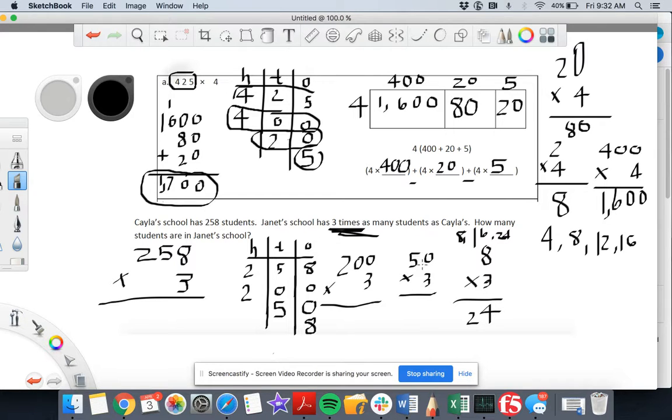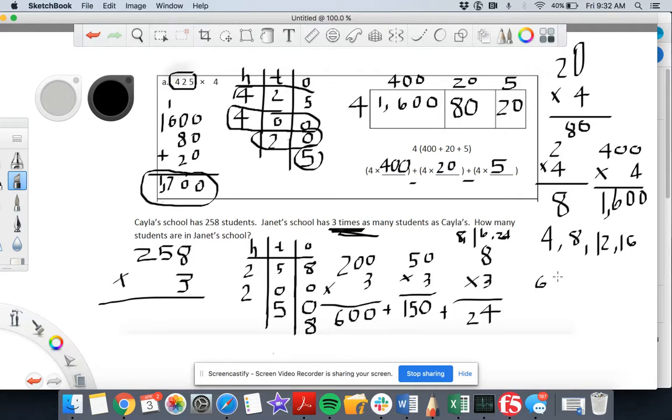Kind of hard to do that in my head, but I can do 5 times 3. 5 times 3, 5, 10, 15. And then I'm going to drop my 0 because I cannot forget about my 0. 200 times 3. I'm going to do 2 times 3, which is 6. And then I have 2 zeros to add. So I have 600.